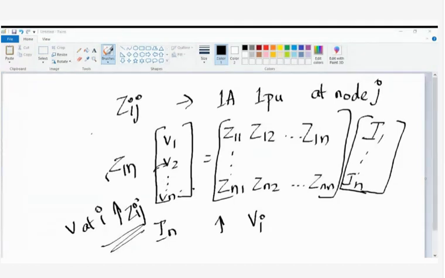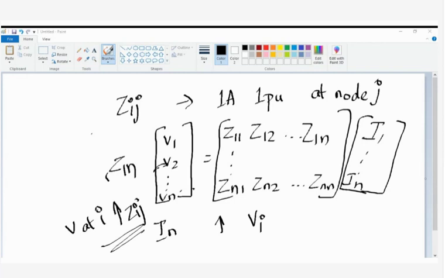Does that make sense? So basically, the physical significance of the diagonal element is that it is the Thevenin's equivalent at that point, and the physical significance of off-diagonal elements is that it actually shows the relative increase in voltage for current injection at a particular node.